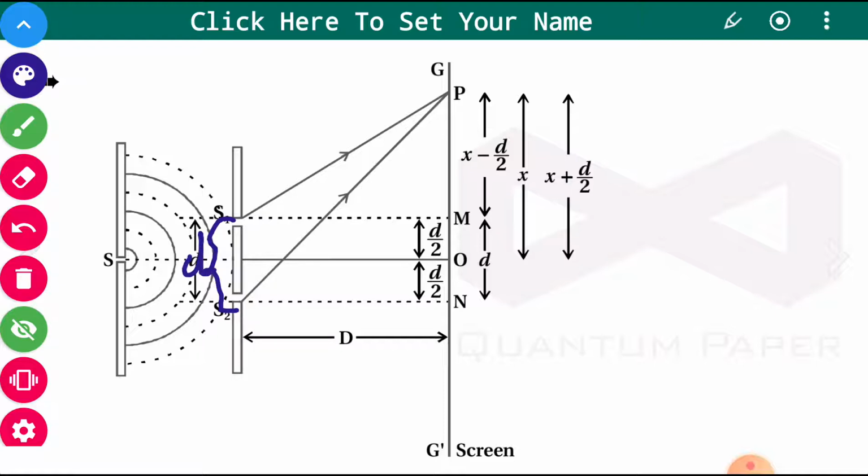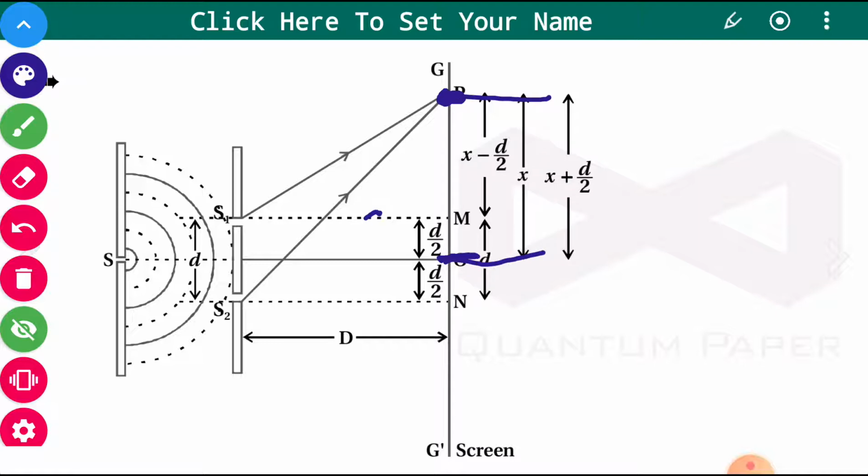If you consider its midpoint, then this must be d by 2 and this also will be d by 2. This can be understood from the figure, and the distance where the interference pattern is produced from point O, the midpoint of the screen, is x.